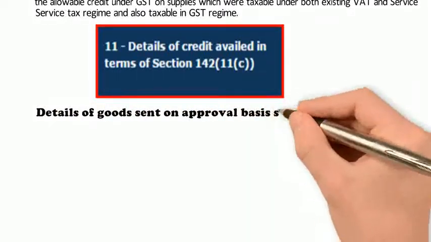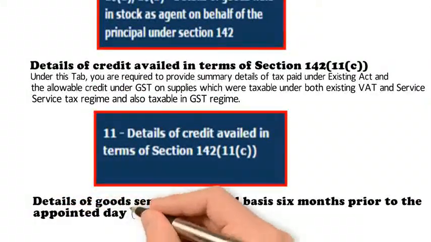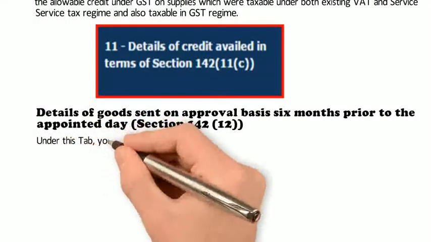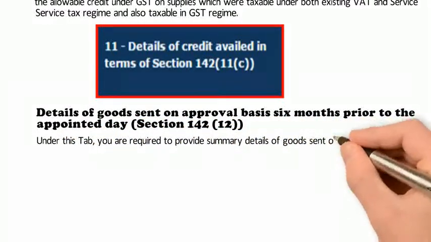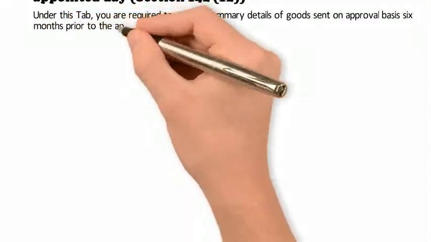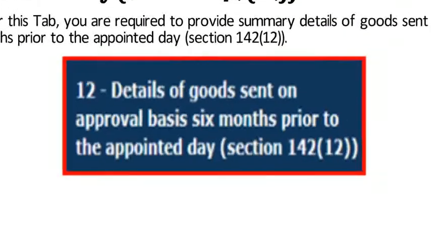Details of goods sent on approval basis 6 months prior to the appointed day, Section 142(12). Under this tab, you are required to provide summary details of goods sent on approval basis 6 months prior to the appointed day, Section 142(12).